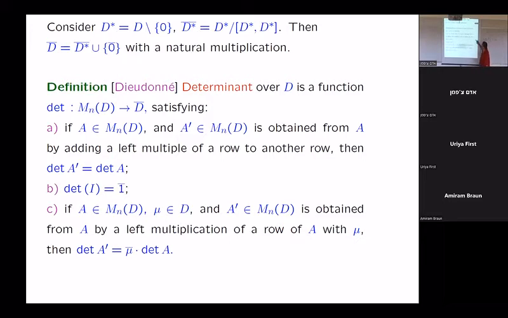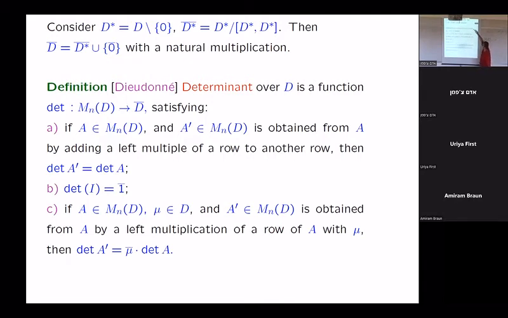So it was Dieudonné who considered the second approach and constructed the notion called the Dieudonné determinant, actually useful in K-theory when you compute K1 functors, for example, the splitting homomorphism.